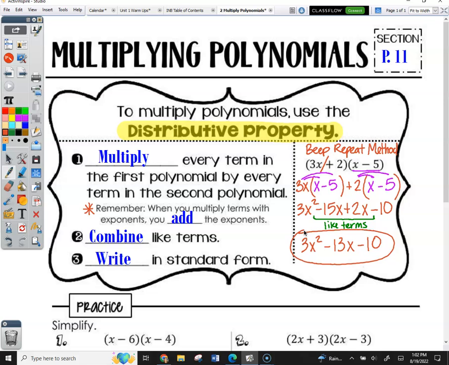I find it easier than the box method. I don't want to sound like the box method is not smart. The box method helps people organize their work. If you can organize your own work, that method is preferred because it's more academically inclined, which means you're going to see it in college. You will not see a college student using the box method because they have graduated from it, you know what I mean?